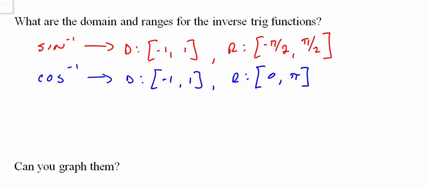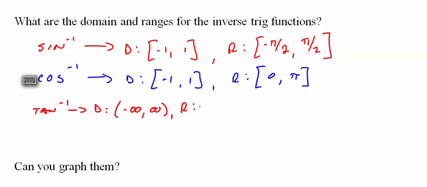Tangent to the negative first. Domain is, yeah, I thought it was all reals. -infinity to infinity. And the range is hard to remember. Yeah, negative pi over 2. It's the same as sine. That's how I remember it.